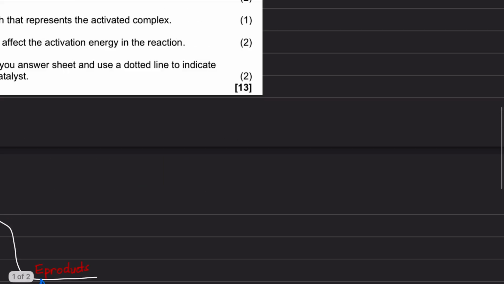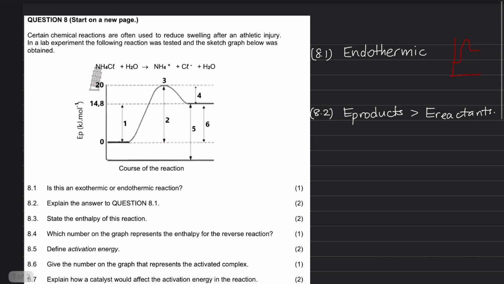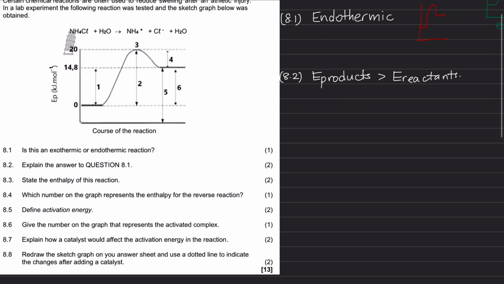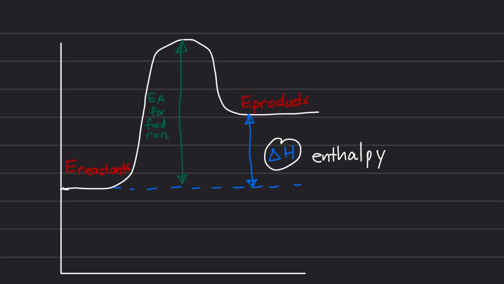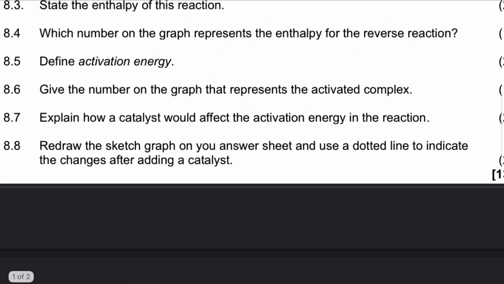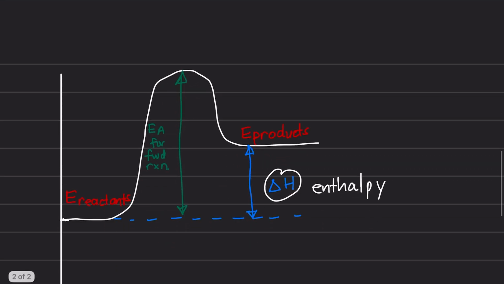Now, let's move on. Question 8.3 reads, state the enthalpy of this reaction. So let's remind ourselves again, just one more time. Enthalpy is the value that is between the energy of products and energy of reactants. Now, you can calculate enthalpy.